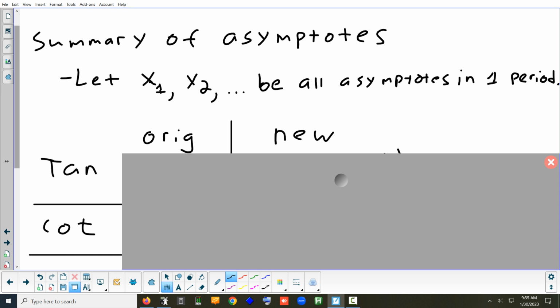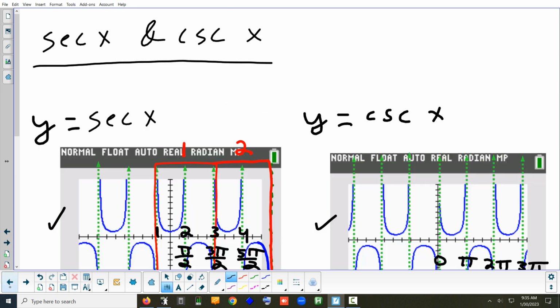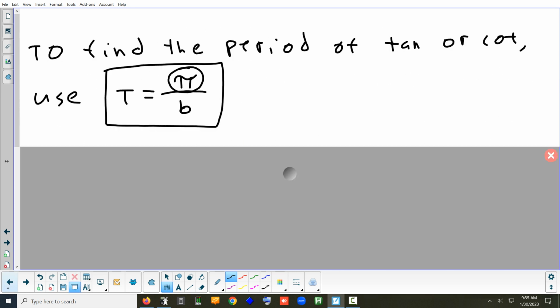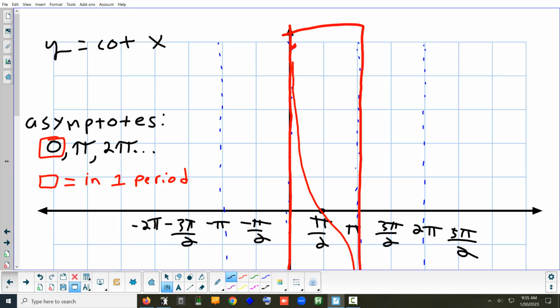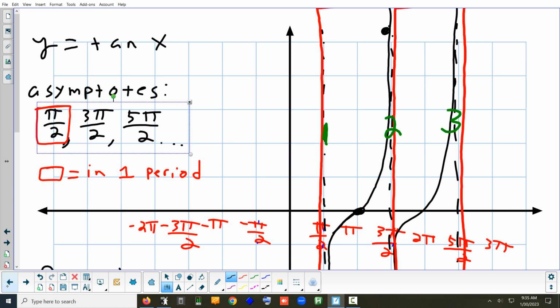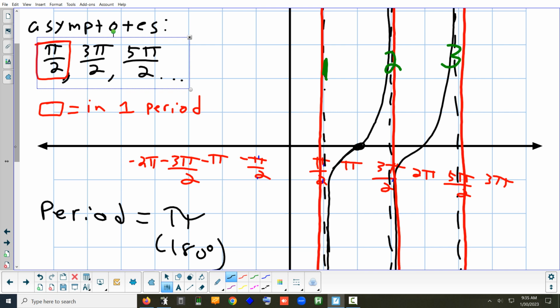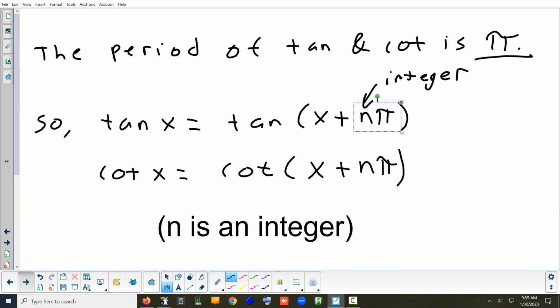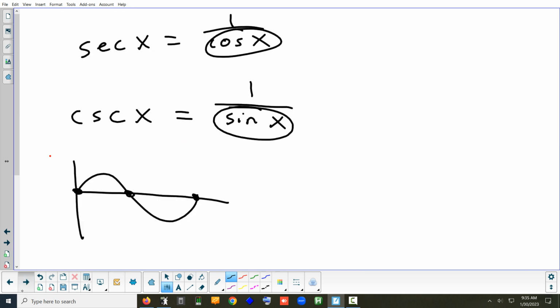How many asymptotes did we say were in one cycle of tangent? Yeah, just one. And what was the first positive one that we had when we did tangent? Yeah, pi over 2.